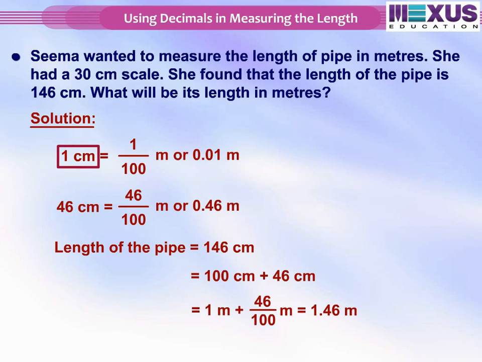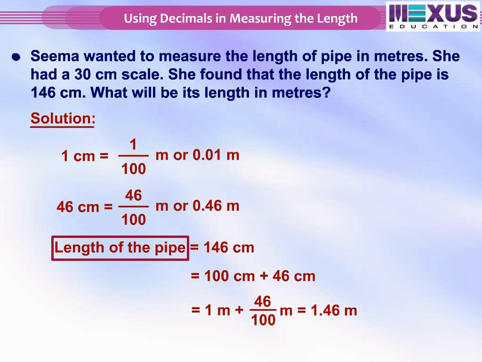As we know, 1 centimeter is equal to 1 by 100 meters or 0.01 meter. Therefore, 46 centimeters is equal to 46 by 100 meters, which is equal to 0.46 meter.